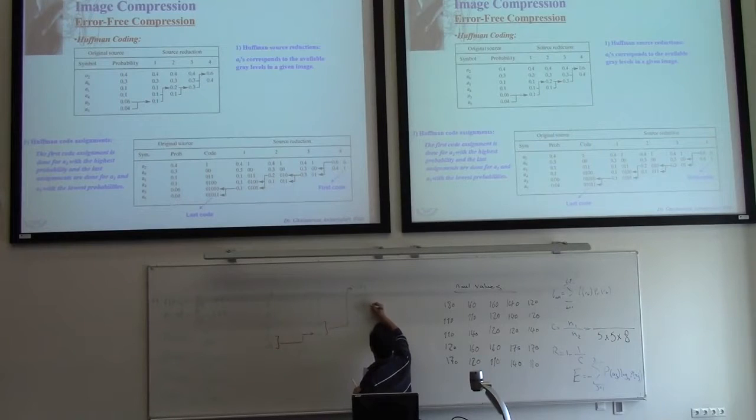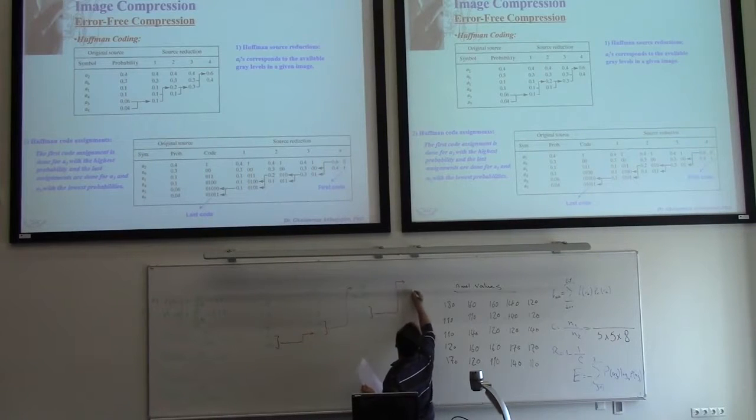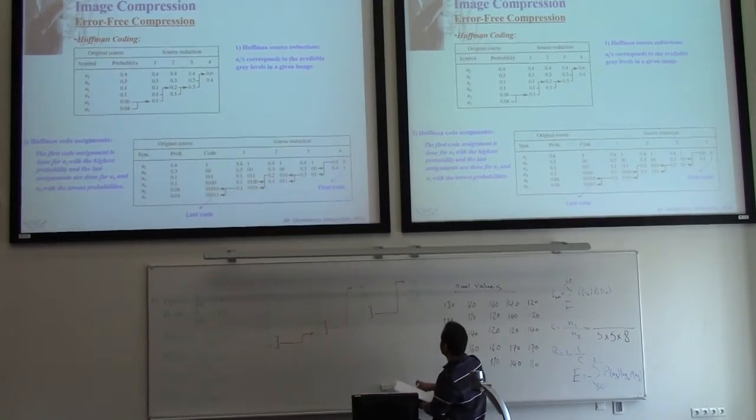If we add these probabilities together, 0.2 and 0.2, we have the value of 0.4. It means more than 0.32. It means that we have the 0.4 here. For this, 0.32 and 0.28. Okay?